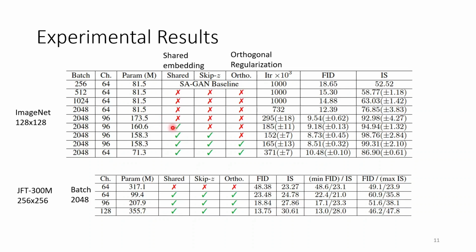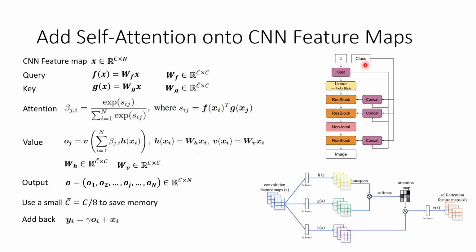Now they modify the architecture. Here, the shared embedding means, let's go back to the slides. In SAGAN, the latent variable Z only applies to the first layer.